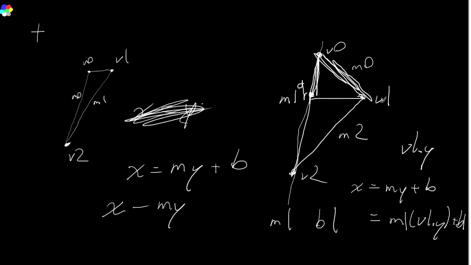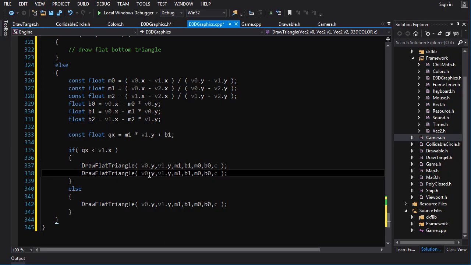For the flat top part, again, we want to use M1, and this time M1 and M2, and we want to go from V1 to V2. So we go V1.y to V2.y, and we want to go from M1 to M2. All right. And that is that.